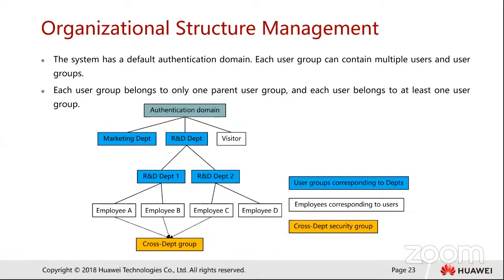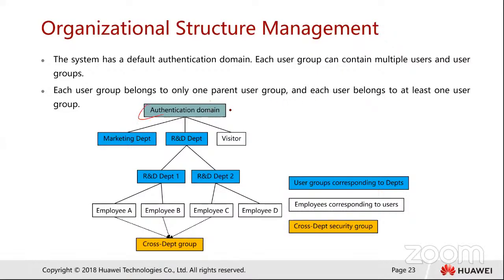Regarding organizational structure and management, the system has a default authentication domain, and each group can contain multiple users and user groups. Each user group belongs to only one parent user group, and each user belongs to at least one user group.